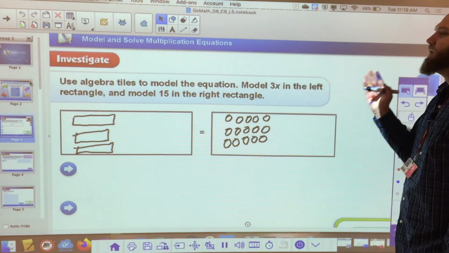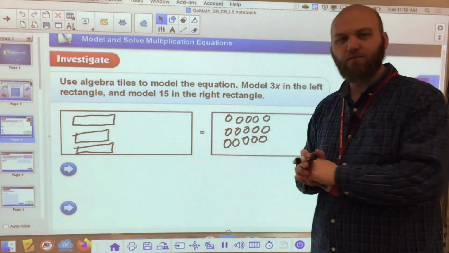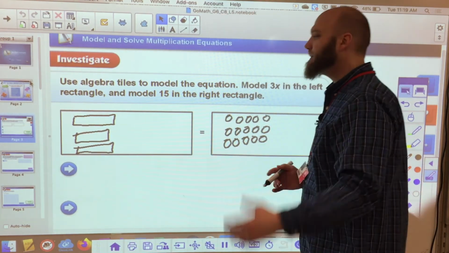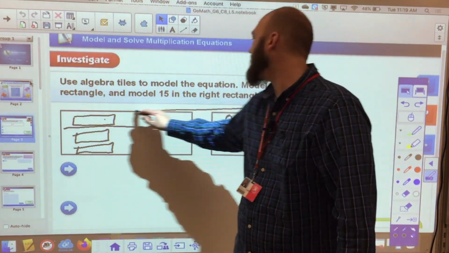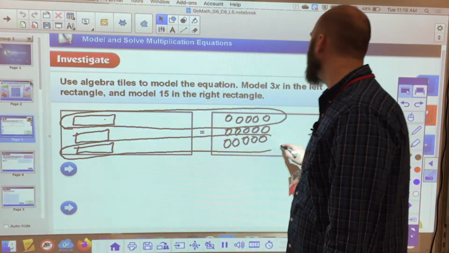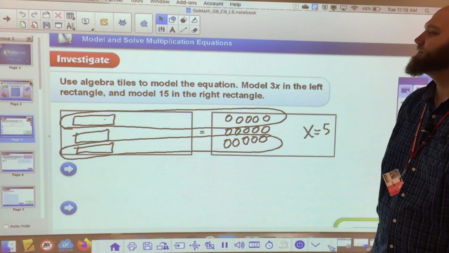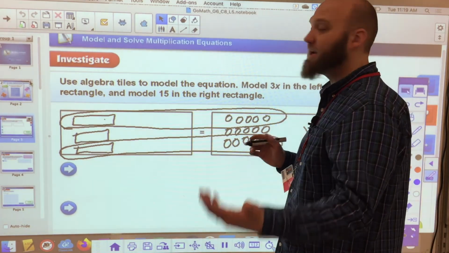All right, so what I want to do now, if you're somebody who likes the algebra tile model, that's not a problem. Put these into groups to match this, right? I have 1 of these equals 5 of those. And I have that in 3 different groups. So x equals 5.